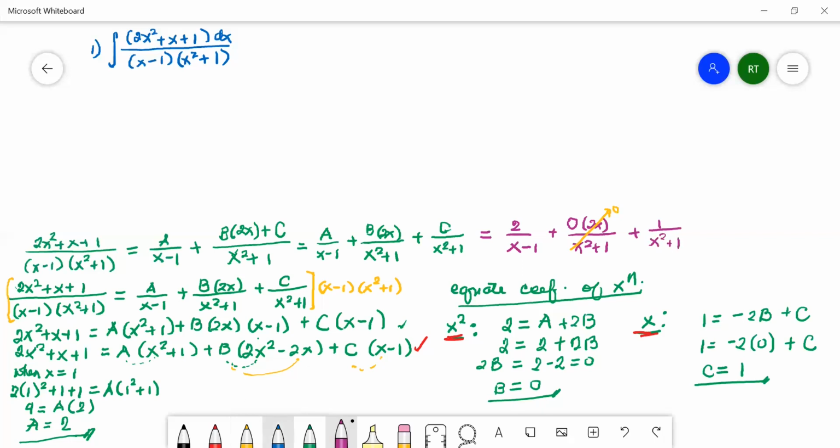Going back to the integral, the rational integrand can be written now as a sum of partial fractions.